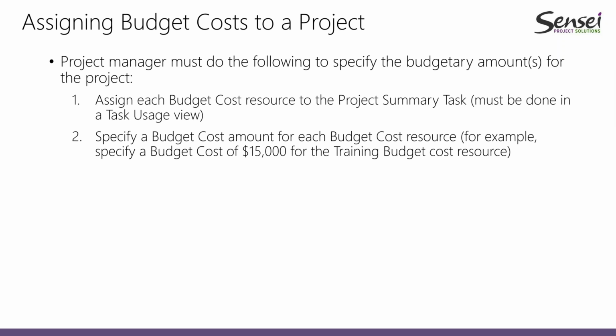And then after you assign a budget cost resource to the project summary task, you can also specify the amount of budget cost to be used by that particular resource. So for example, here I was just providing an example of using $15,000 for a training budget resource in a particular project.